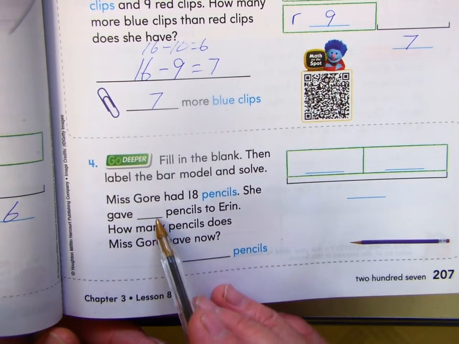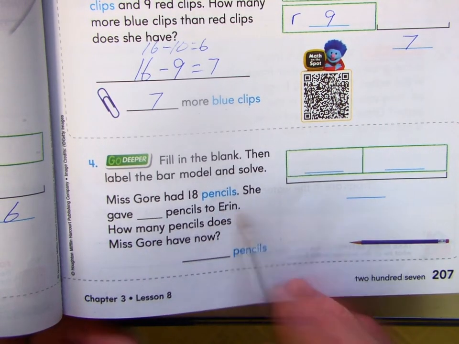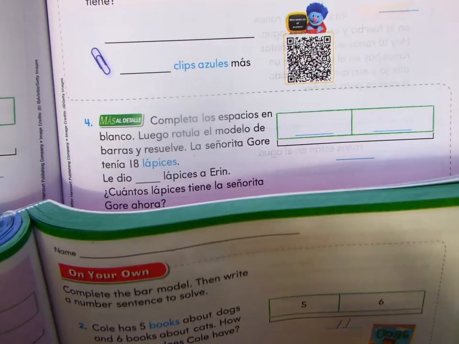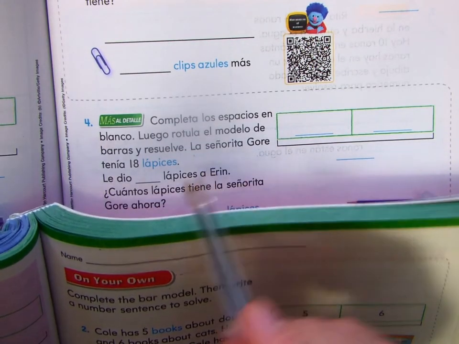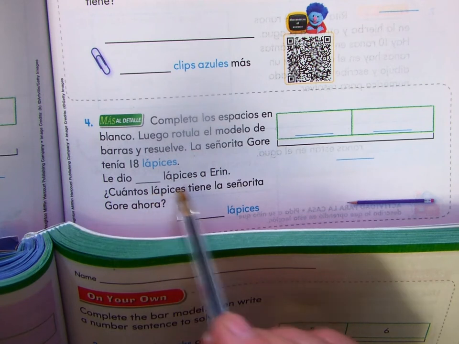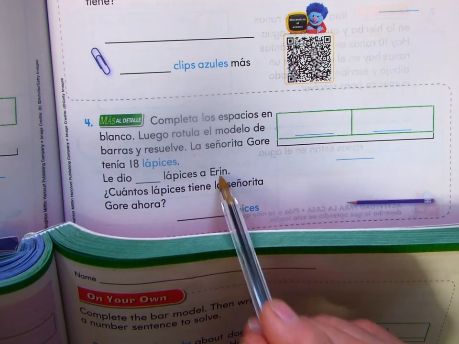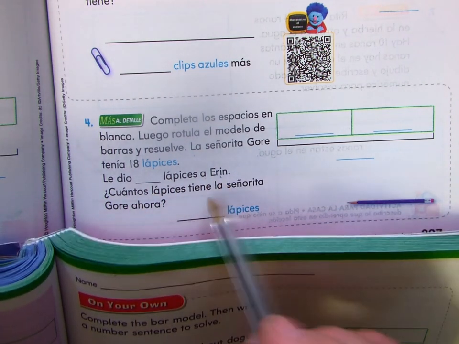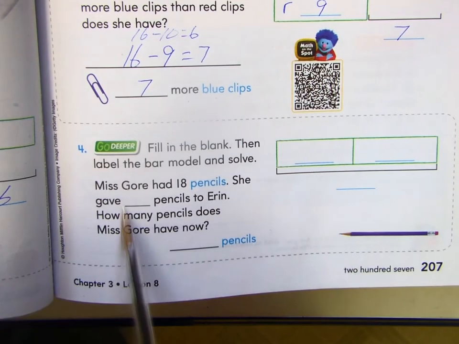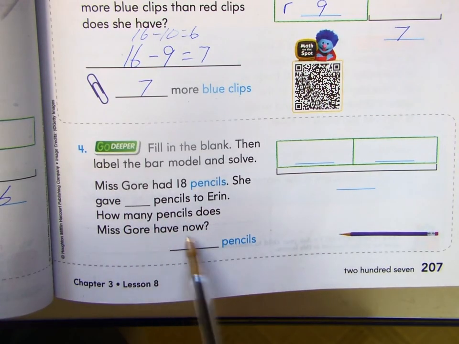She gave blank pencils to Aaron. What? It doesn't tell us. Le dio blanco lápices a Aaron. ¿Cuántos lápices tiene la señorita Gore ahora? How many pencils does Miss Gore have now?